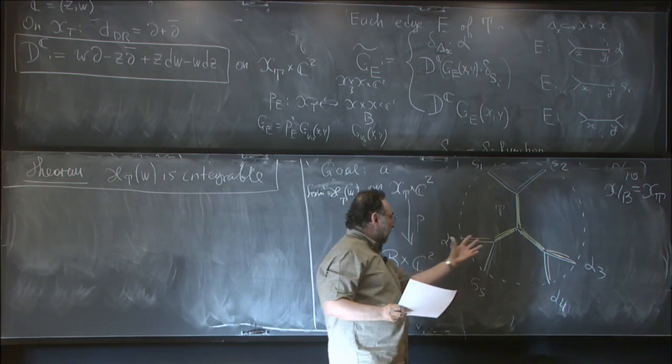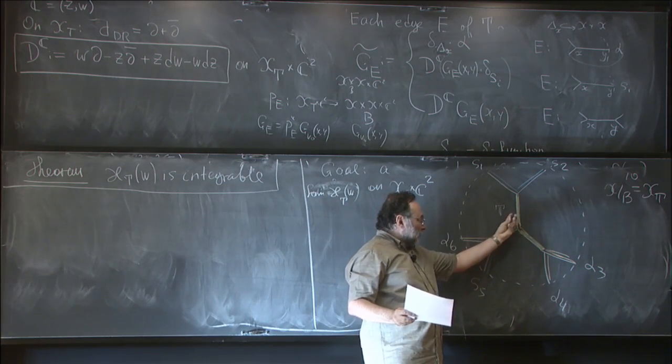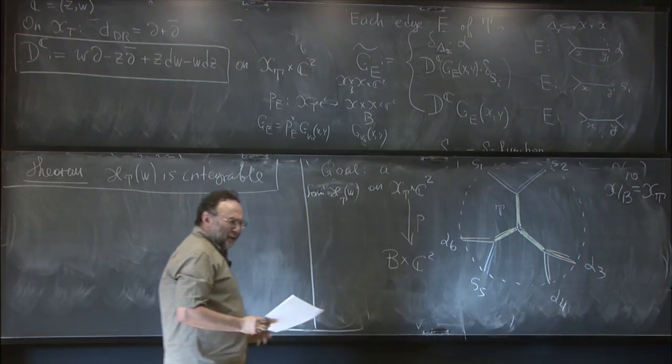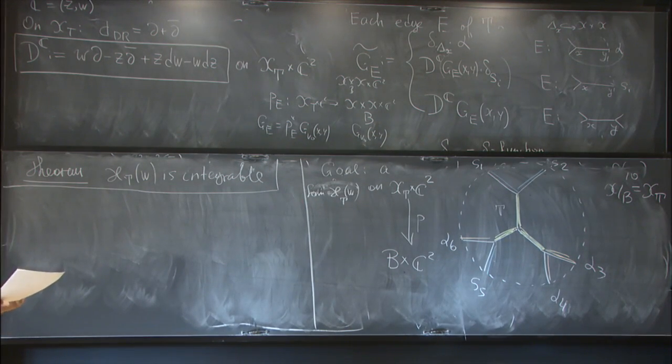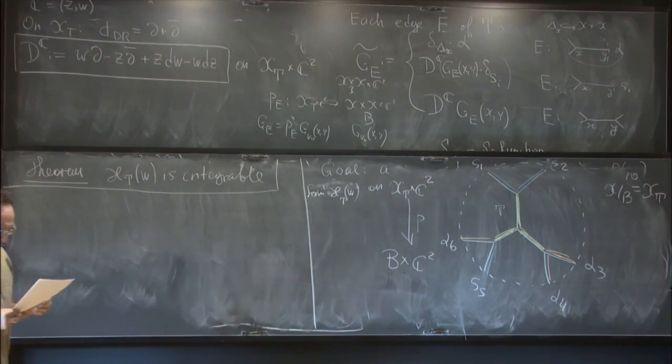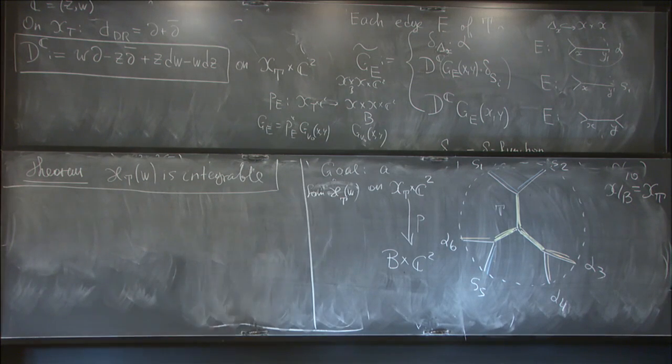But then you have to trace what happens when a collection of points collide together. It's a quite singular current, but the theorem is that it has only integrable singularities. I'm not talking about the proof of this right now. So that's the integrability that lets us integrate it along.